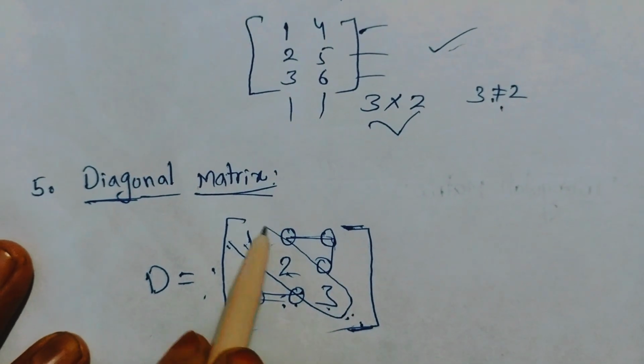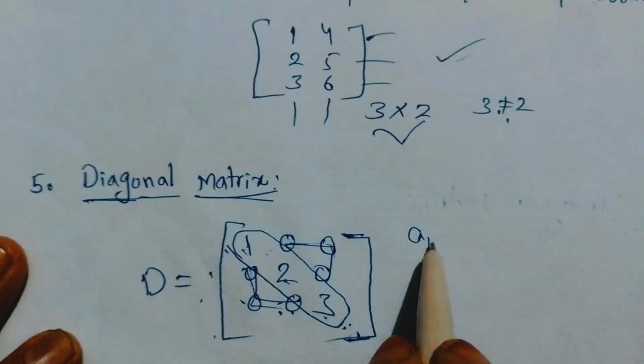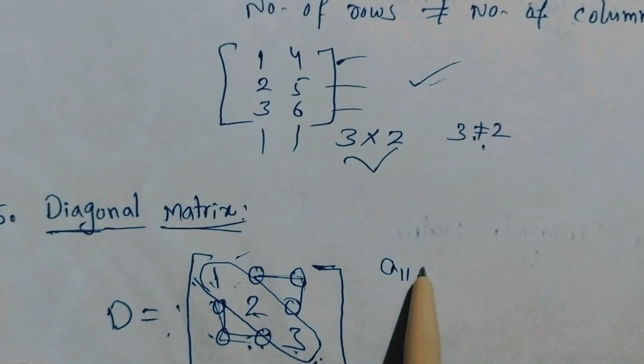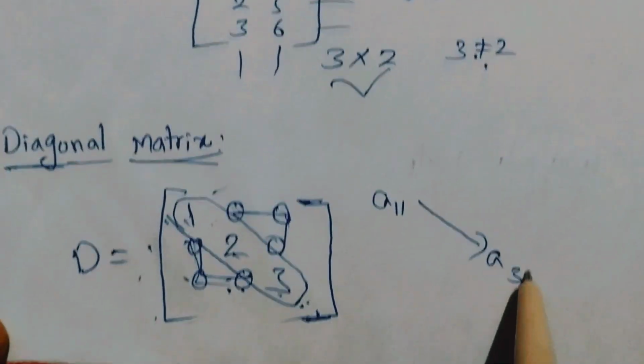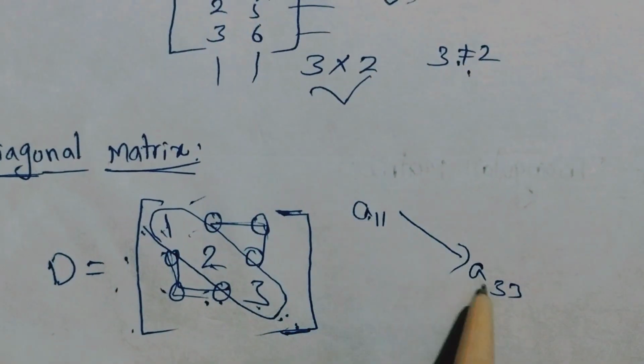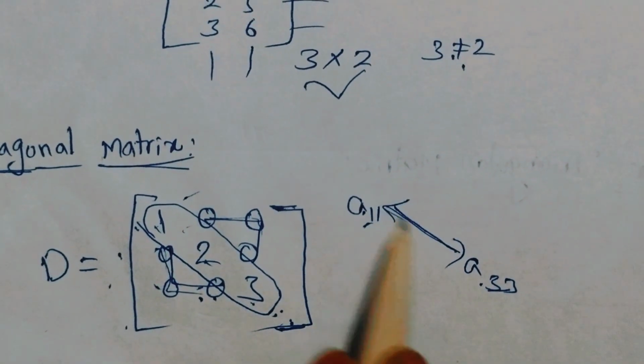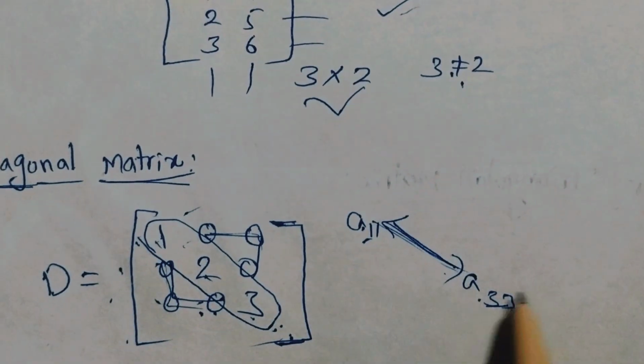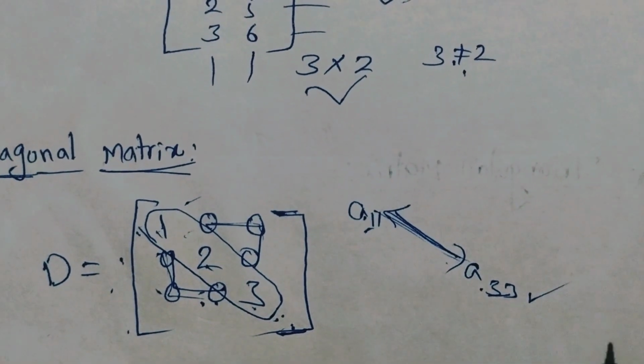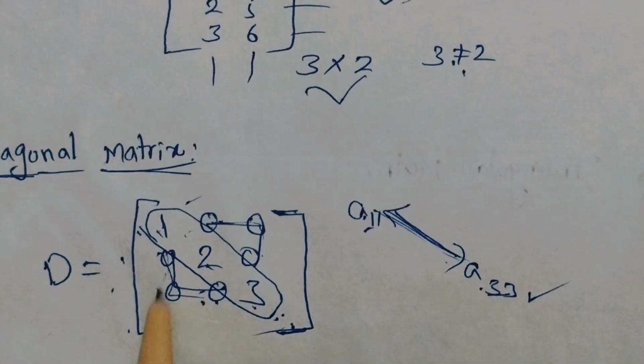Only from the first element A11 to A33, the first element to the last element crosswise, these elements are non-zero elements. The remaining elements are zero elements.